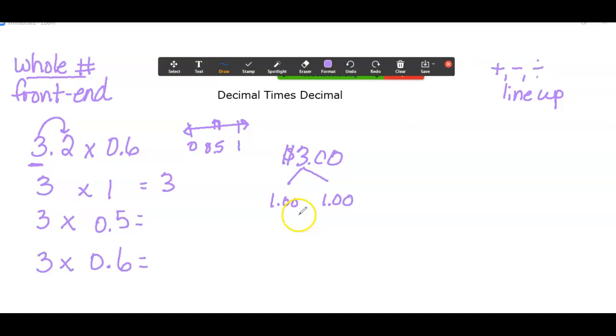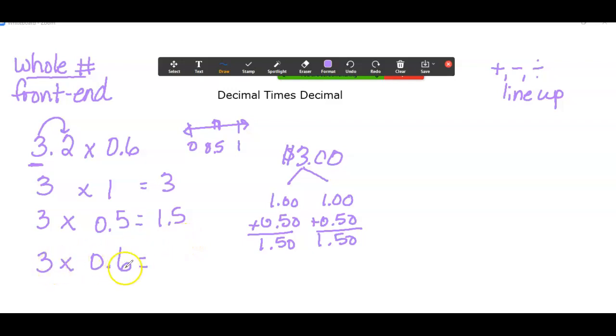That would be $2. And there would be another dollar to split. So that means each of us would get 50 cents. So if 2 people are splitting $3, we get $1.50. So 1.5 for that answer.